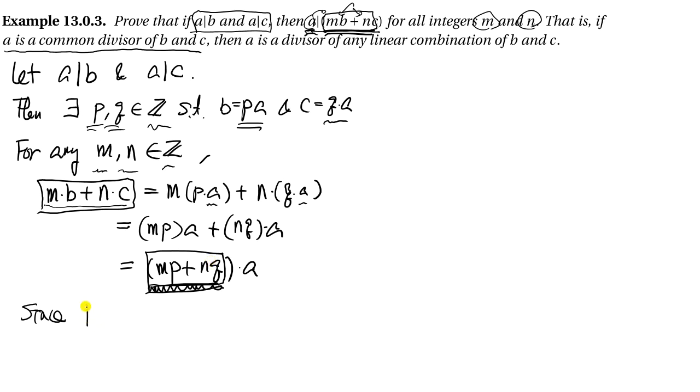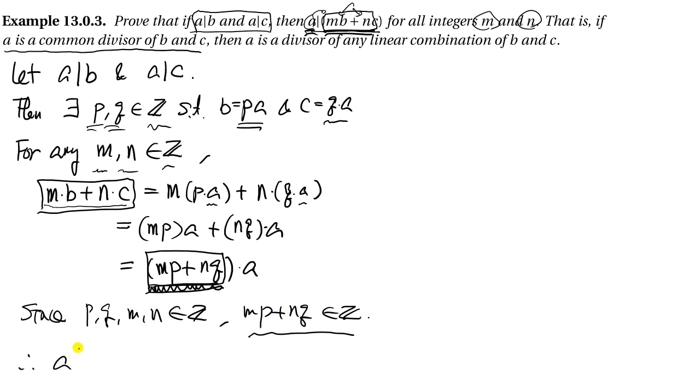So since P, Q, m, n are integers, therefore mP plus nQ is also an integer. And because of that, we can claim that A is a divisor of mB plus nC.